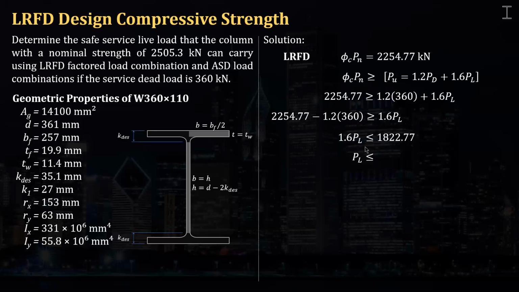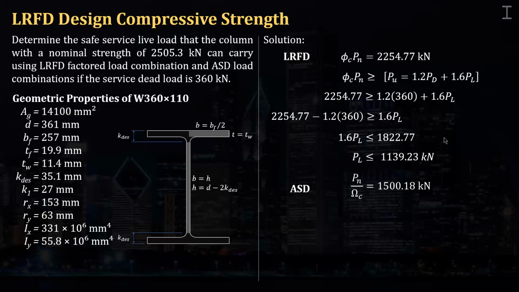So that service live load, compressive live load, must be less than or equal to 1,139.23. It must not be greater than that. It can be 1,100, it can be 1,000 kilonewton. Okay, for it to stay safe.